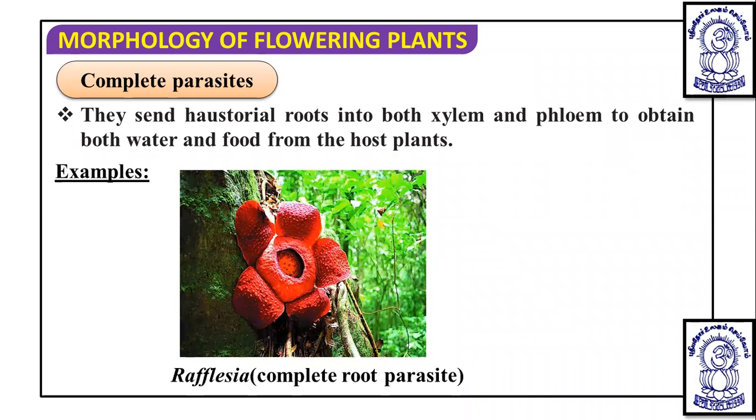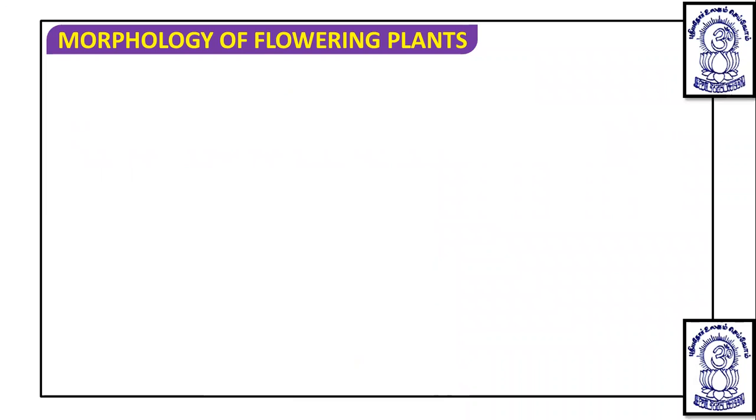Another example is Rafflesia, which is a complete root parasite, means it sends its haustorial root to the root of the host plant and gets all the nutrients. In such a way the complete parasite and partial parasite are seen, and the examples we have also discussed.